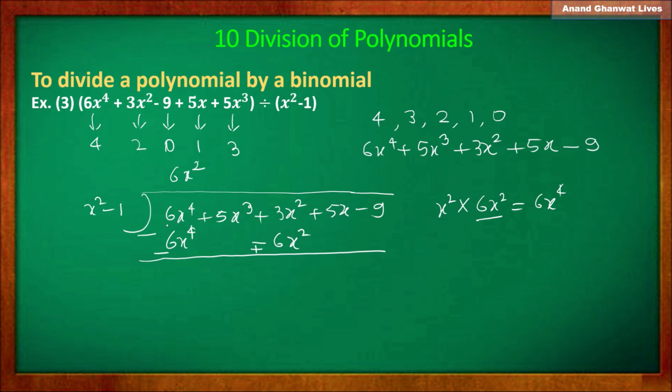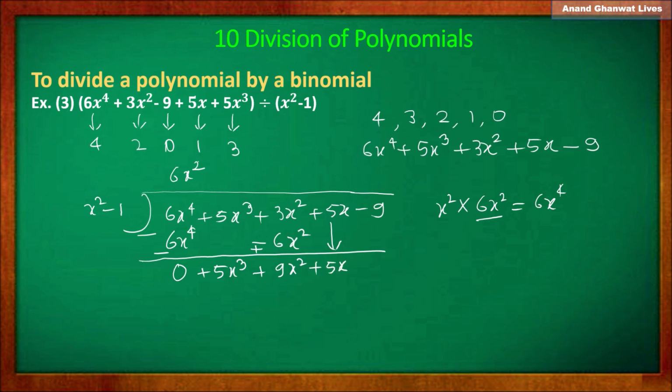So 6x raised to 4 minus 6x raised to 4, that is 0, plus 5x cube plus 3x square plus 6x square, that is plus 9x square. Now to the next step you have to take the next term 5x.